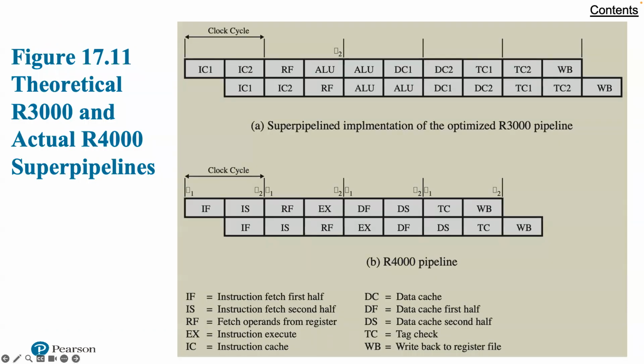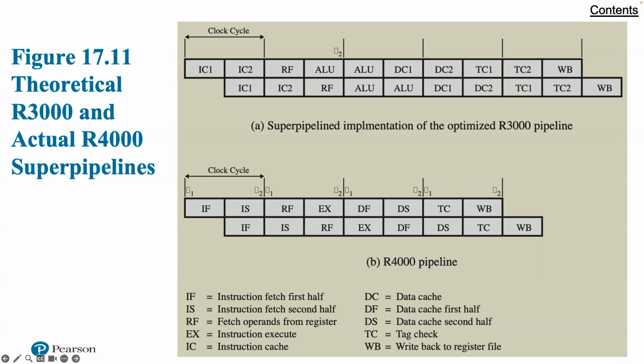Okay, let's talk about the theoretical R3000 and actual R4000 superpipelining. In superpipelining systems, existing hardware is used several times per cycle by inserting pipeline registers to split up each pipe stage. Essentially, each superpipeline stage operates on a multiple of the base clock frequency. The multiple depends on the degree of superpipelining.